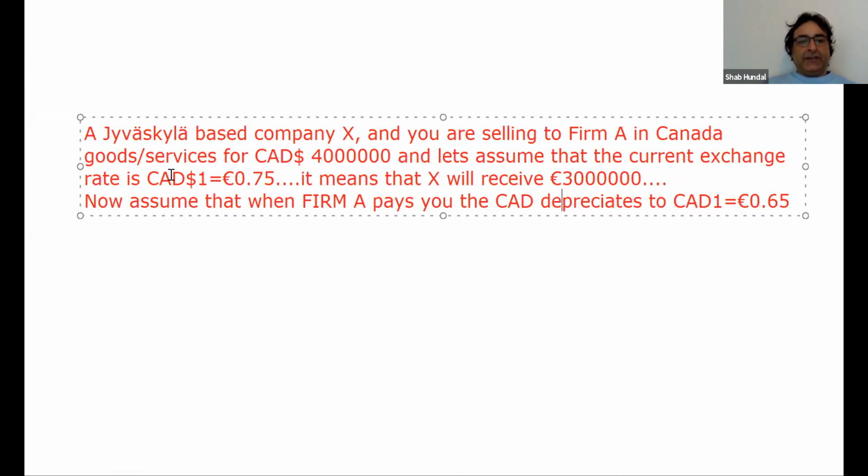Like in this case, when the contract was signed with this Canadian company, the exchange rate was 1 Canadian dollar equal to 75 euro cents. But when this Canadian company wants to pay you back, after 1 month, 2 months, whenever, on that day a Canadian dollar is equal to 0.65 euro, 65 cents.